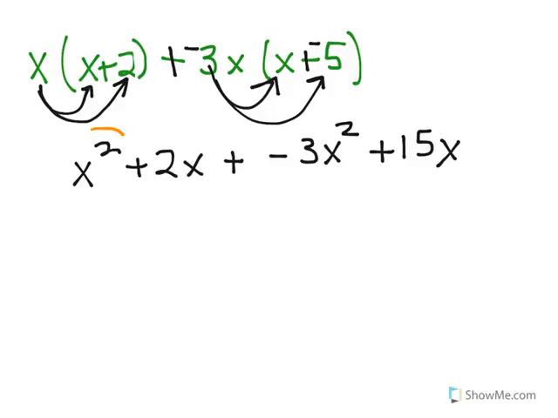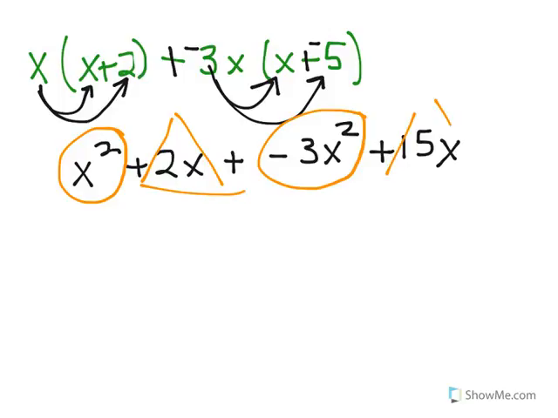We have x squareds, which we can combine, and we have x's that can get combined. So we have x squared minus 3x squared, so that's a negative 2x squared. And then we have 2x's and 15x's, which gives us a positive 17x.